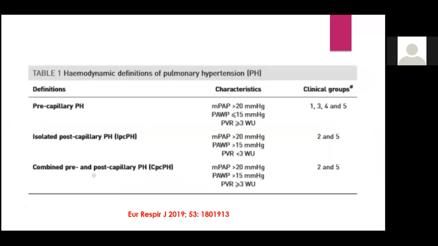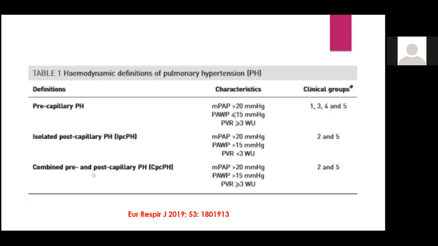Most causes of pulmonary hypertension have a pulmonary artery wedge pressure less than 15 millimeter mercury, except for cases with left heart disease, as in heart failure with preserved ejection fraction, which have a pulmonary artery wedge pressure more than 15 millimeter mercury.